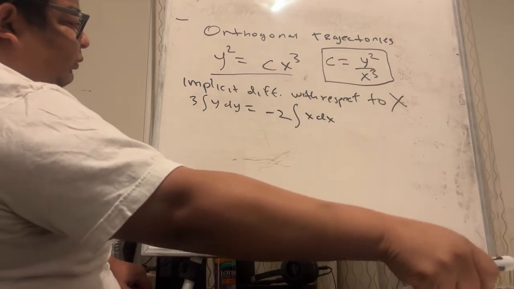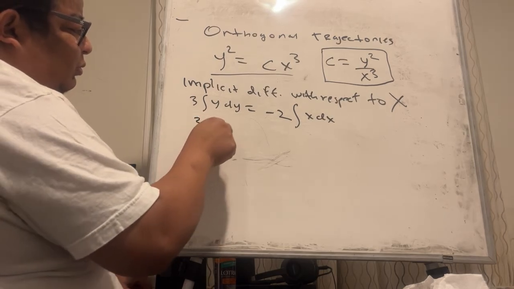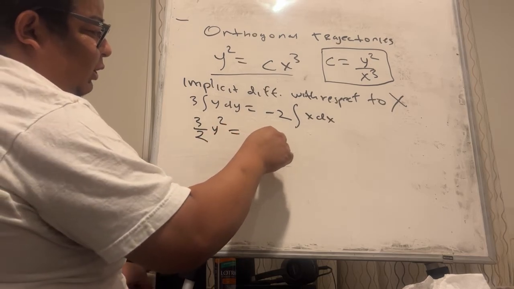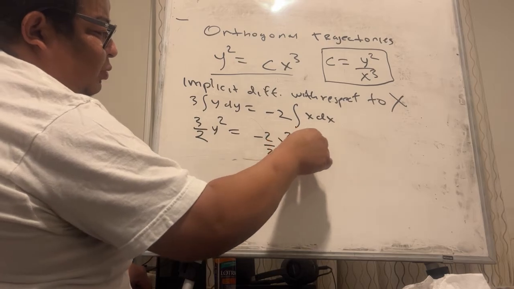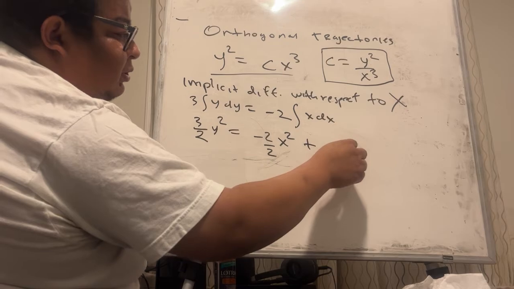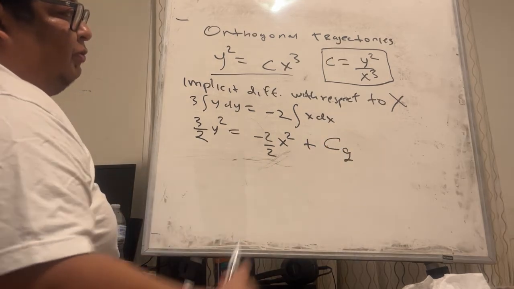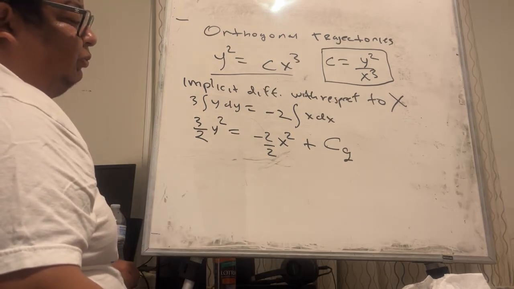Okay, now we integrate. So it will be 3 over 2 y squared equal to negative 2 over 2 x squared plus, we already used c, so we're going to use cg, that stands for c general, because we're going to find the general orthogonal trajectories.